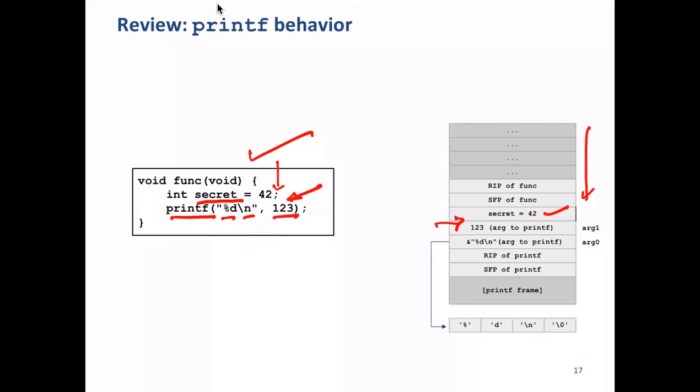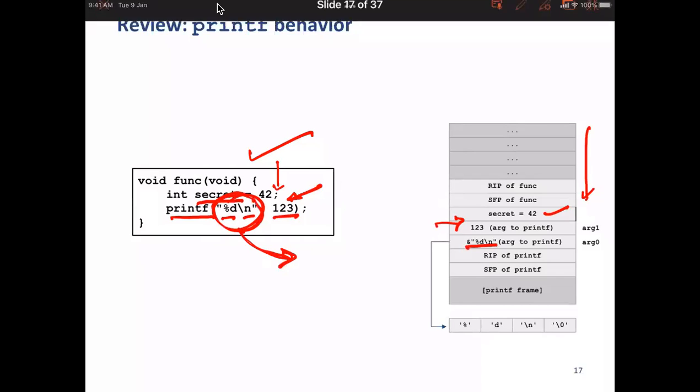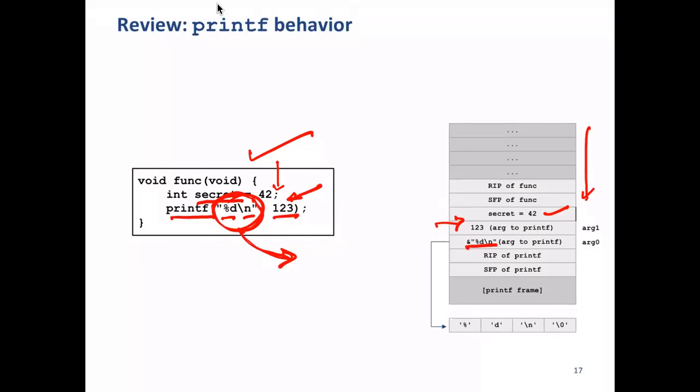So 123 will come here, and this format specifier will come here. Note that this is an invariable part. If the string changes, then the whole string will be here, otherwise there will be a pointer to it, and the string will go into the static area.